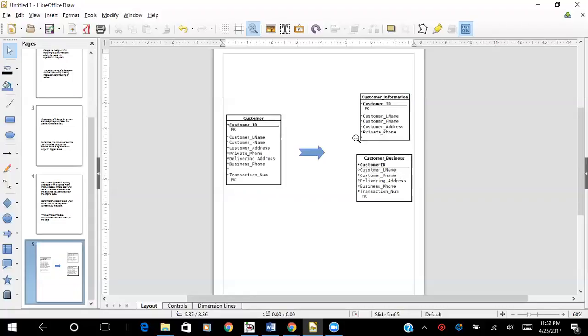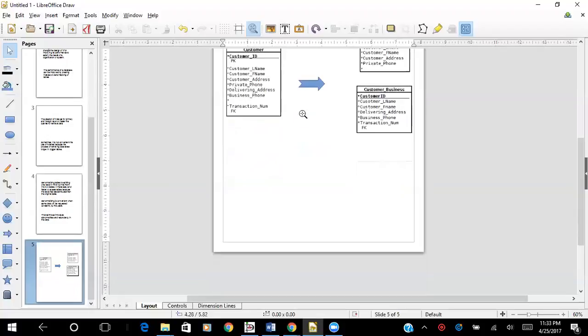So this data will be repeated in both tables, and if we decide, we can just join these two tables and go back to the original table, so this way we don't lose data. However, we have some redundancy in data for the customer ID, customer last name, and customer first name.